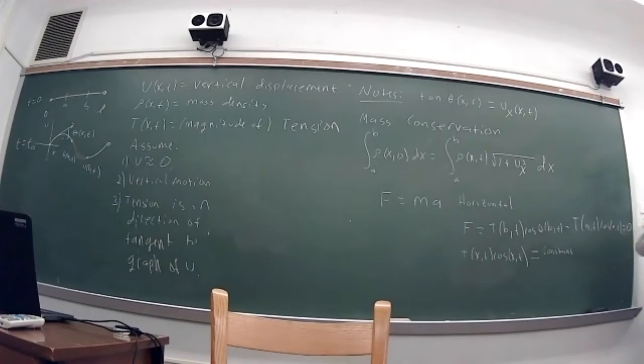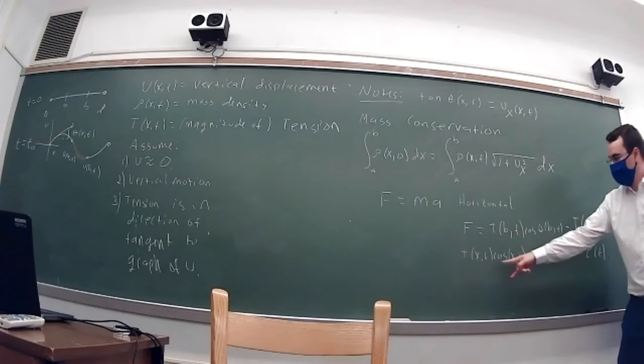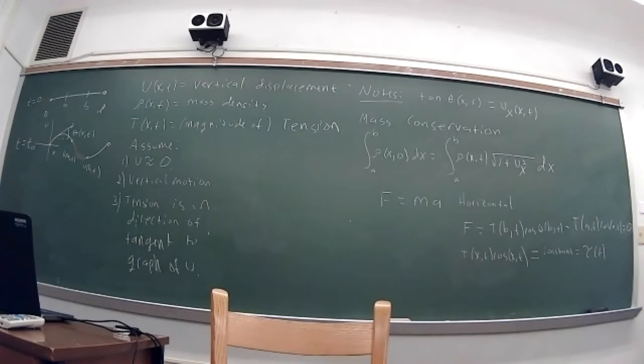I mean, it can change with respect to t, but not with respect to x. This is at a fixed particular time t. And so we'll call that constant tau. And tau can depend on t. So no horizontal motion is implying to us that this quantity is constant in x, and we'll call it tau.